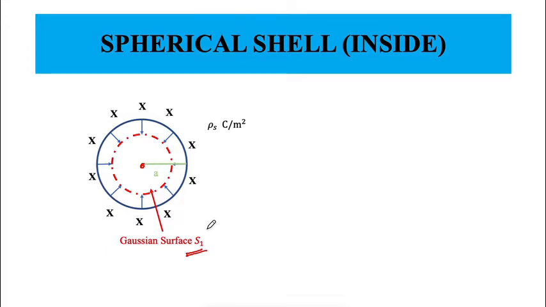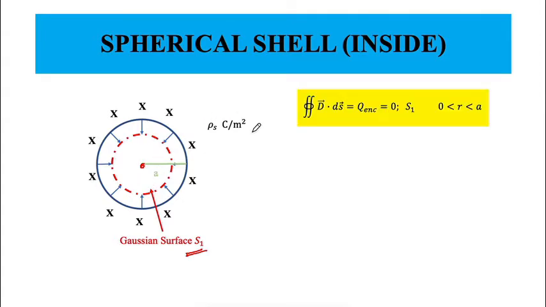Now what happens to the left side of Gauss law? The left side of Gauss law tells that over a closed surface, if there is any D field, this must be equal to the total charge enclosed by the surface. Now clearly the right hand side will be equal to 0 for this case. Why?